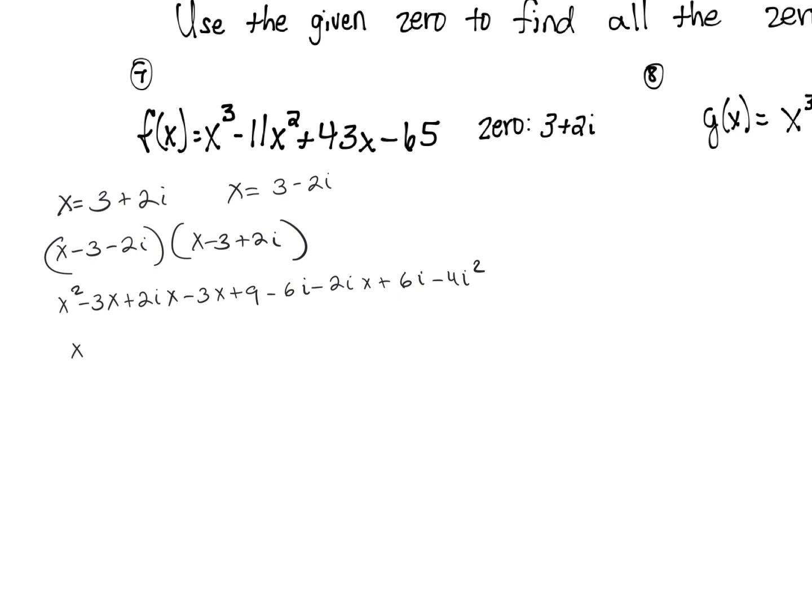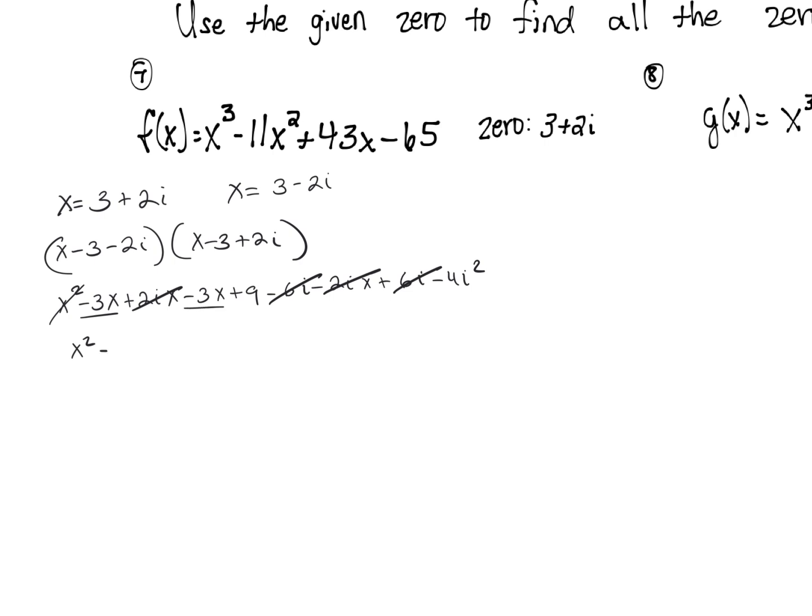So I'm going to be left with x squared for the first one. I'm going to look at all the x's. We have 2ix and minus 2ix. We have plus 6i and minus 6i. So I'm going to go ahead and combine the other one. So I have negative 3x.